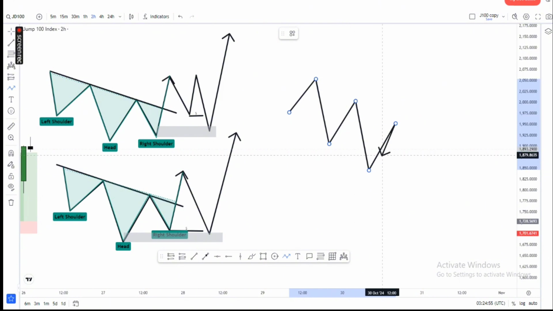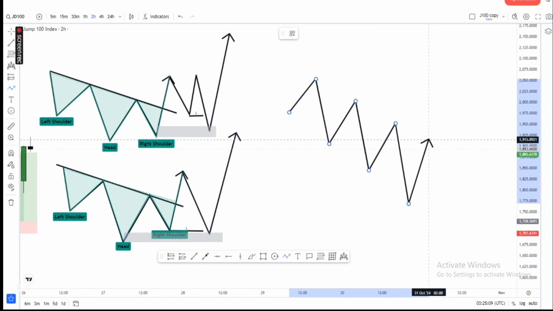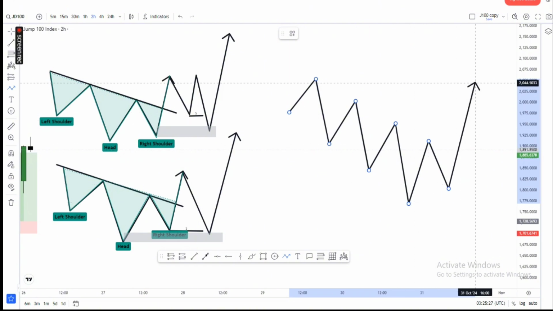The formation of the inverse head and shoulder is going to be in such a way that if price is bearish, after this low did take out the previous level right here, the next level is going to cause a failure. In smart money we call that a failure to swing. This is going to fail to swing above this. Now it's going to come lower and also fail to swing below this right here. Then the next thing that is going to happen is there's going to be a breakout.